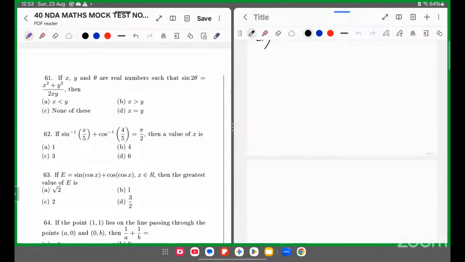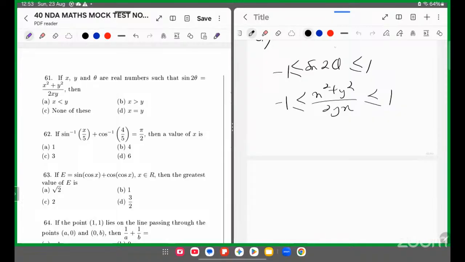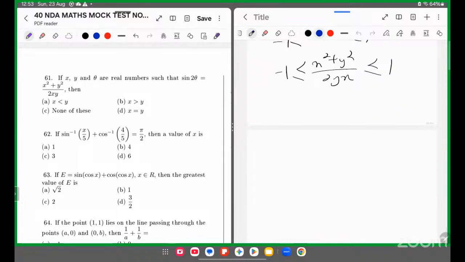What is the value of sin 2 theta? Sin 2 theta has maximum value 1 and minimum value minus 1. That means (x square plus y square) divided by 2xy is between 1 and minus 1. Now we know that x square plus y square is always positive.